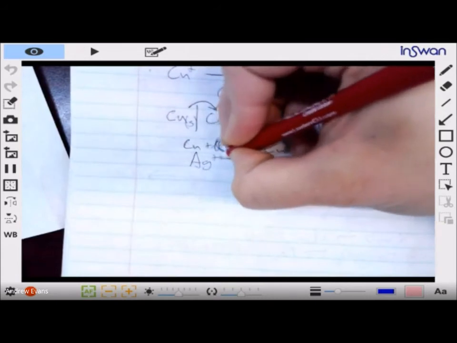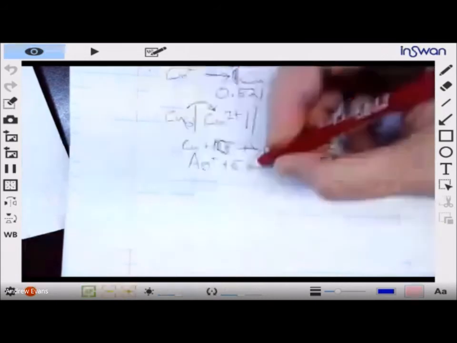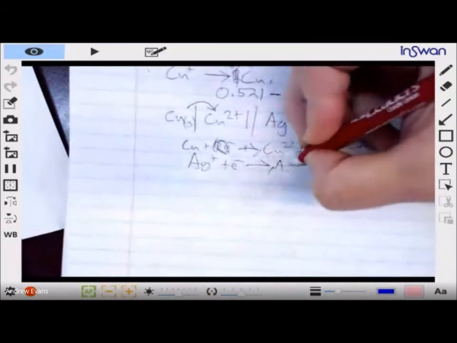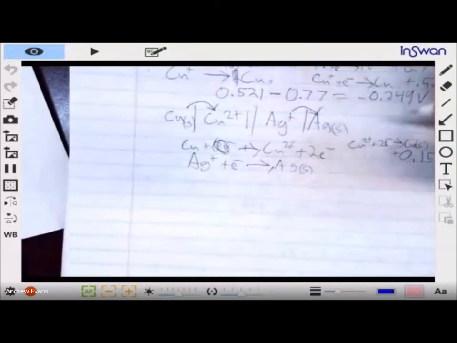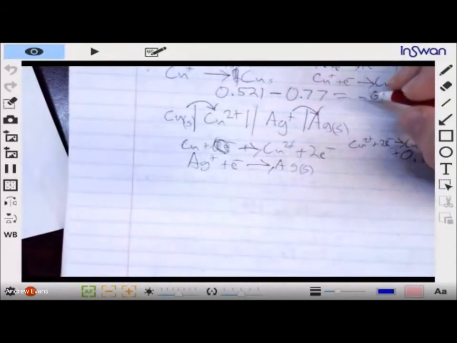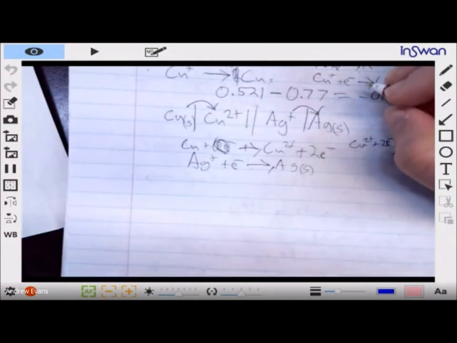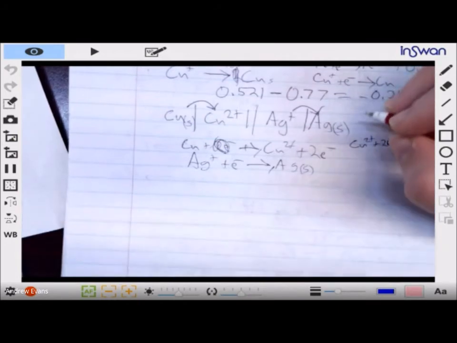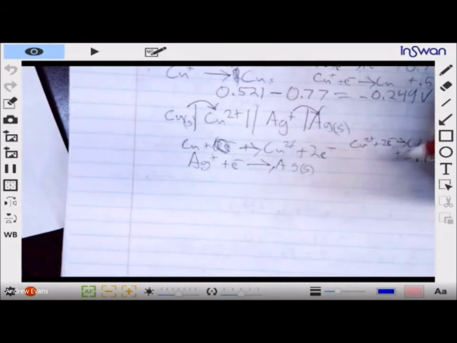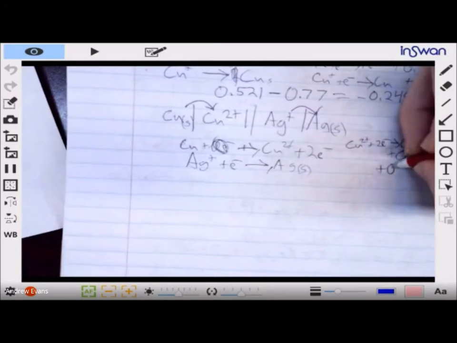Silver, Ag+ plus 1 electron to Ag solid, is, if I'm reading it right, 0.8 volts.